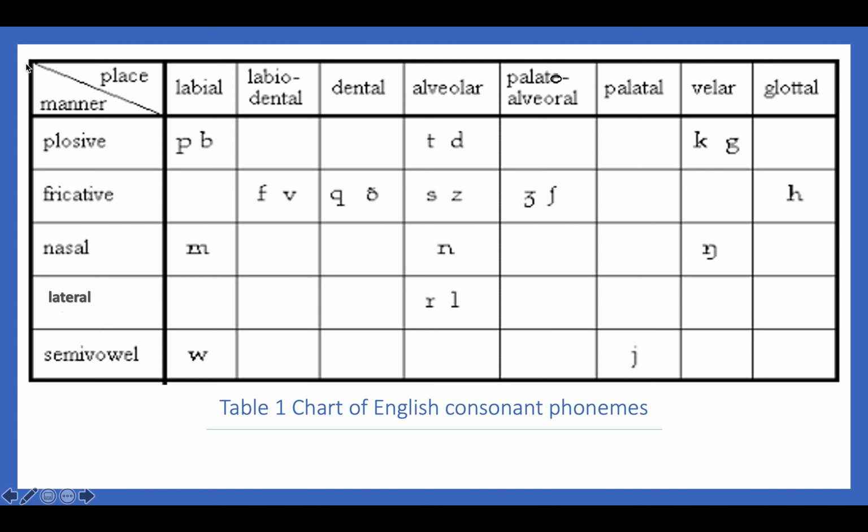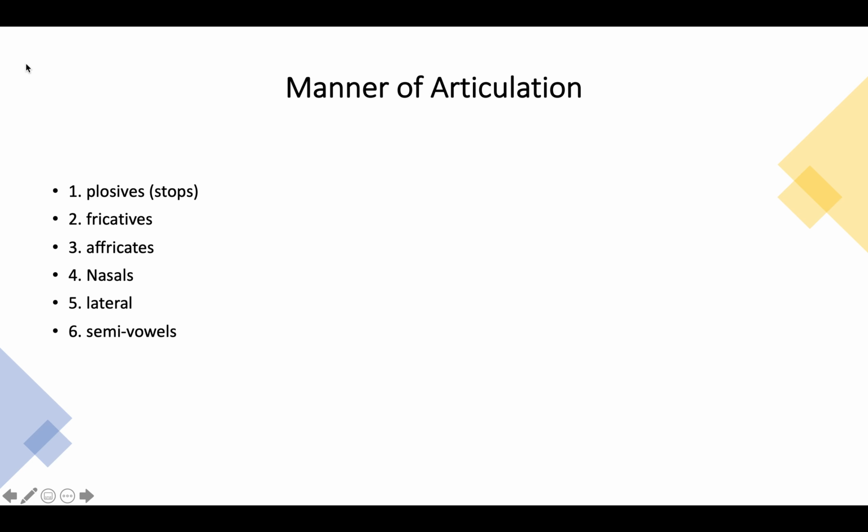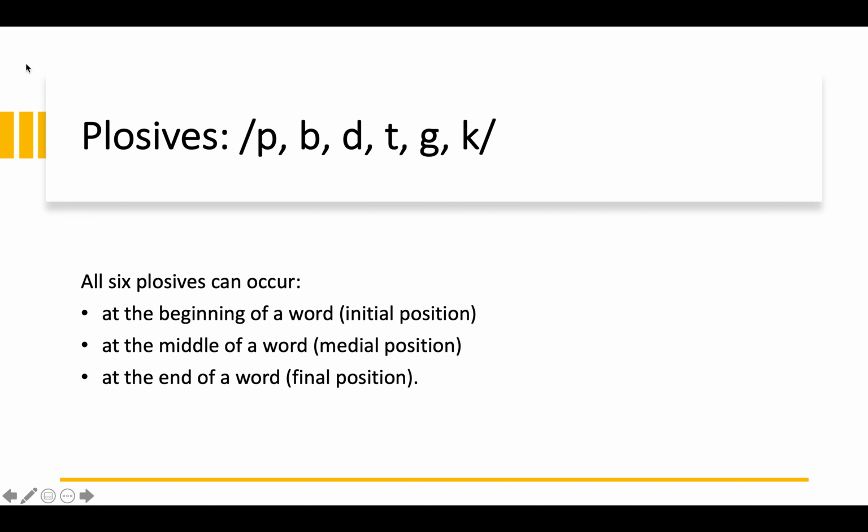In terms of manner of articulation, we have number 1, plosives or stops, number 2, fricatives, 3, affricates, 4, nasals, 5, lateral, and 6, semivowels.